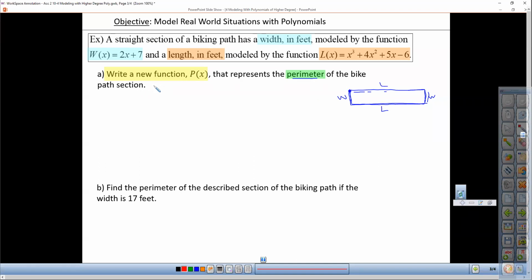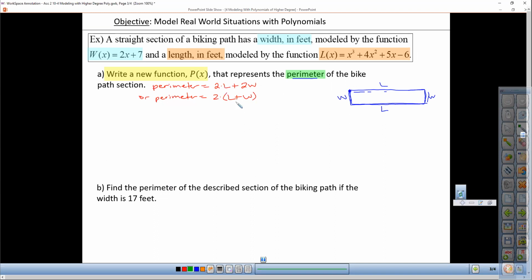Either use perimeter equals 2 times the length plus 2 times the width, or perimeter is adding your length and the width first and then multiplying that times 2, whichever one you prefer. They're both good ways to do this particular problem.